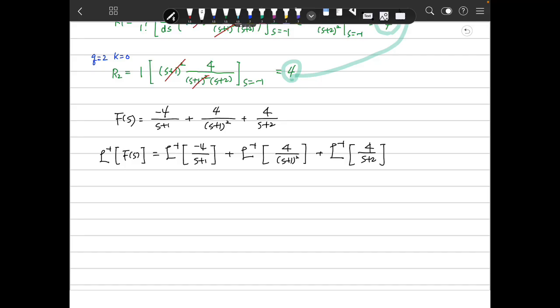Actually, I don't think it's very simple, but you need to know about these things. This is very simple and this is simple, but this one is a little bit complicated, but then you can use these terms. We'll use the blue ones.